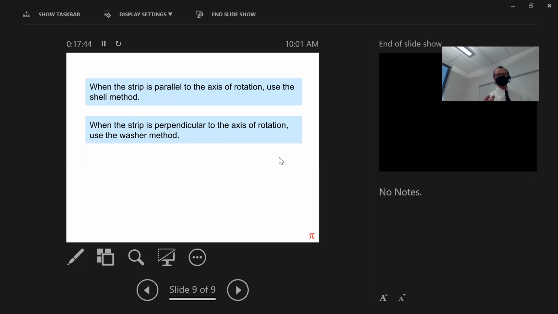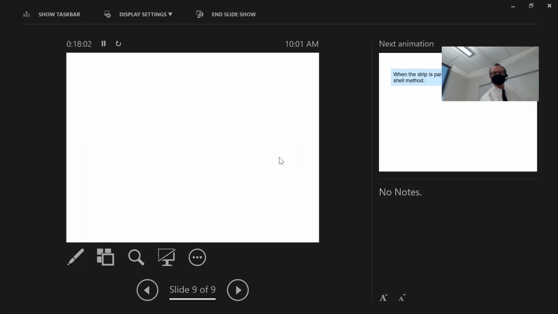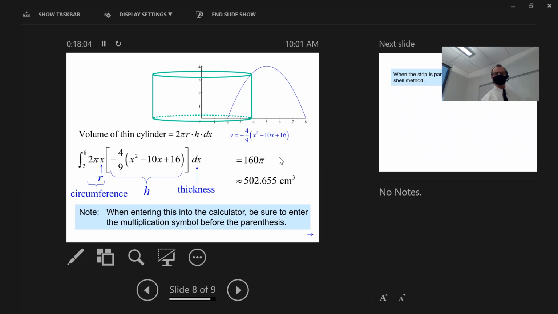Okay. So that last slide is what we wrote on the board. If you're going parallel to the axis of rotation, it's a shell. If you make your cut perpendicular, it's a washer, which subset of washers are discs. Right. That last slide, how come the radius was outside of the parentheses?